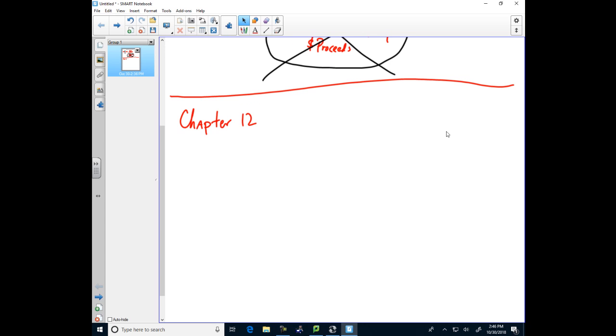So let's look at chapter 11, or excuse me, chapter 12. 12 is on compound interest. And more specifically, things like future value and present value. And I'll just go on and define future value. How about this?